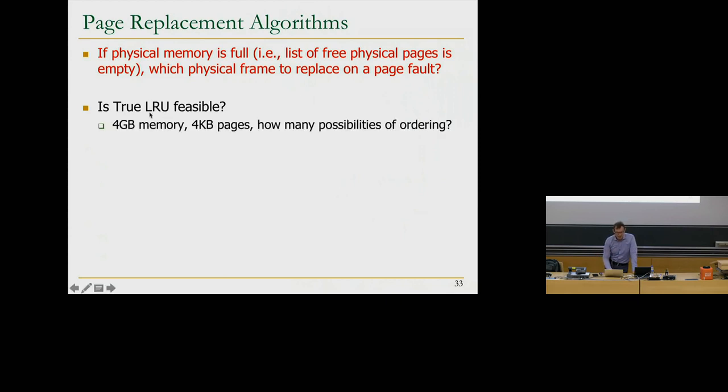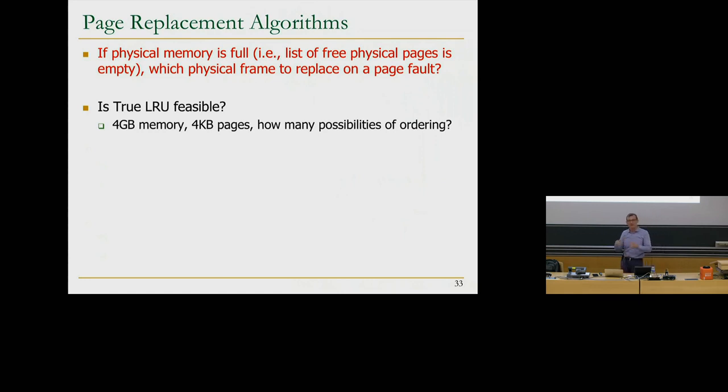So basically, if you have 4 GB of memory and 4 KB pages, now you can count how many pages you have, right? 4 GB is 2 to the 32, 4 KB is 2 to the 12, that's 2 to the 20 pages. Essentially 1 million pages. Now, what does this mean?